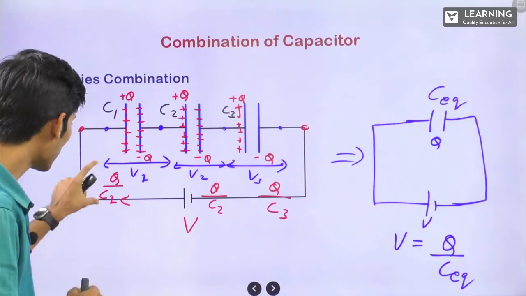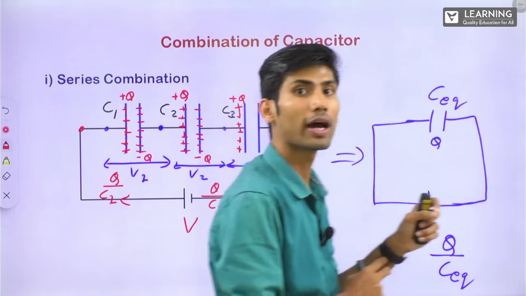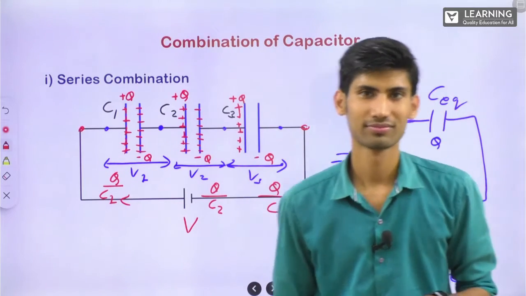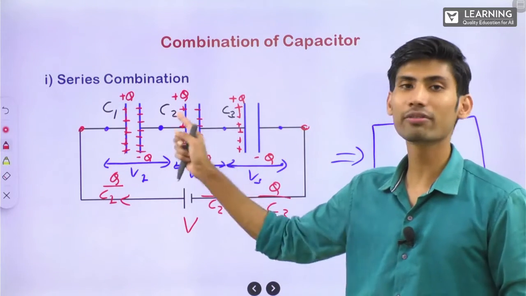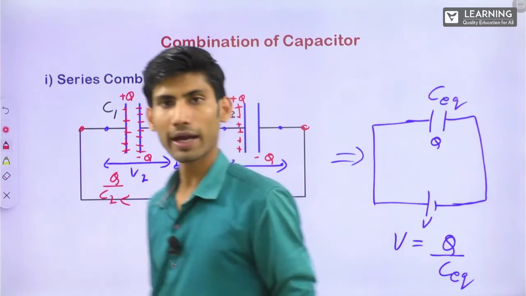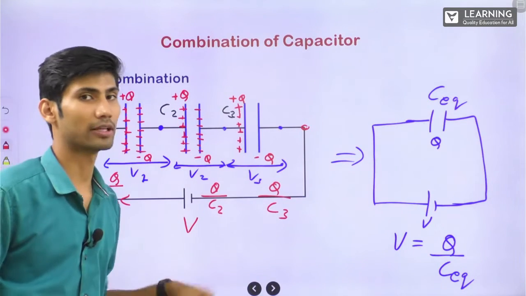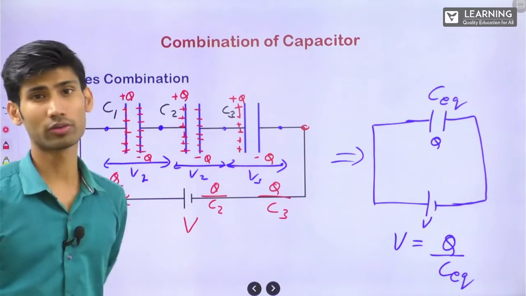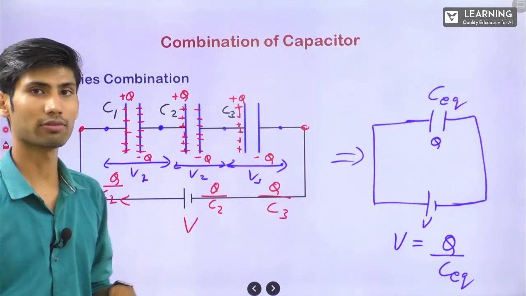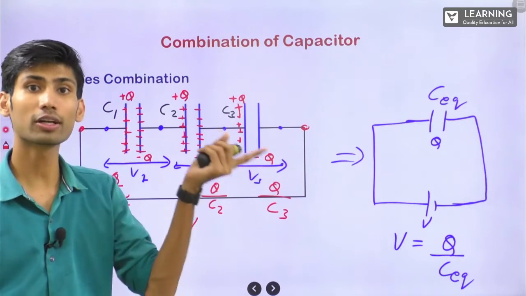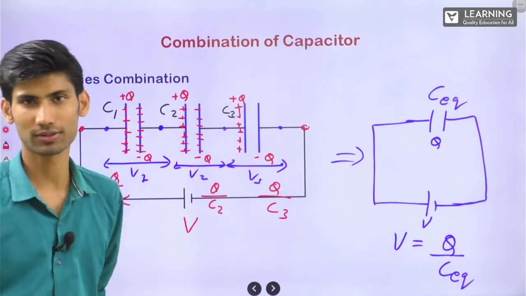For that, if you want to put Q upon C1, you will have to find out Q, right? But initially you will be given only C1, C2, C3, and the potential of the battery. First you find out Q, then you find out Q by C1. For finding Q, you need to find C equivalent. It becomes a lengthy process, right?